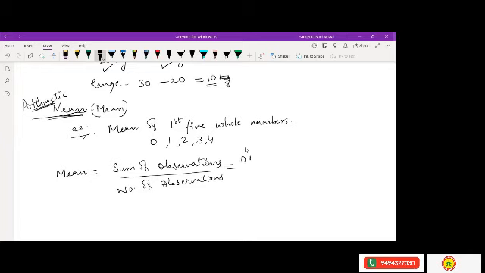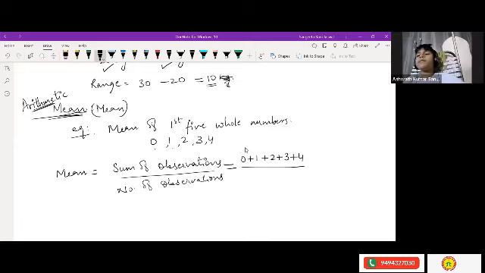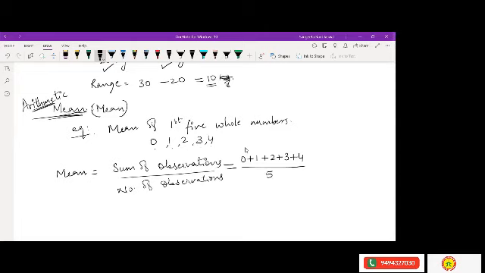So I'll take the sum of these numbers: 0 plus 1 plus 2 plus 3 plus 4. And how many are the number of observations? 1, 2, 3, 4, 5. These are five numbers. So the number of observations is 5.